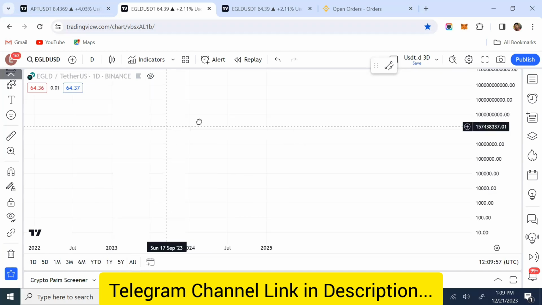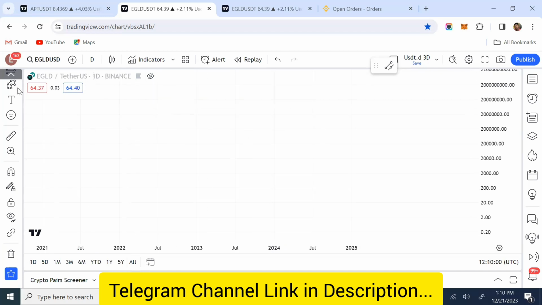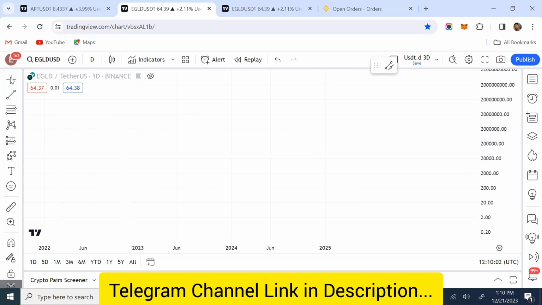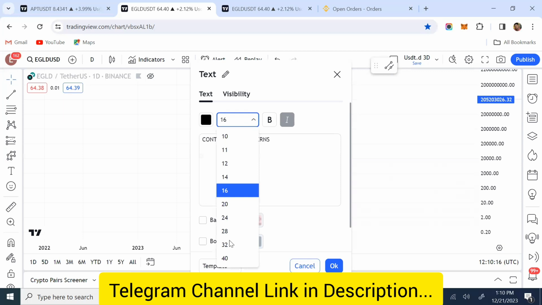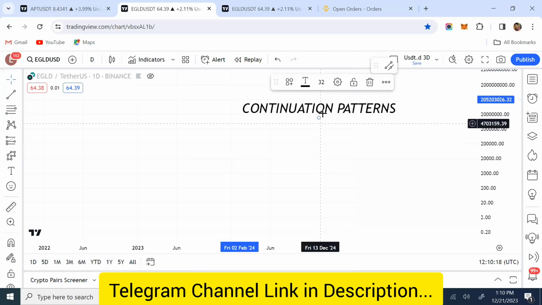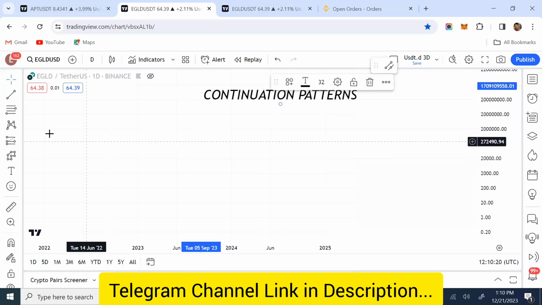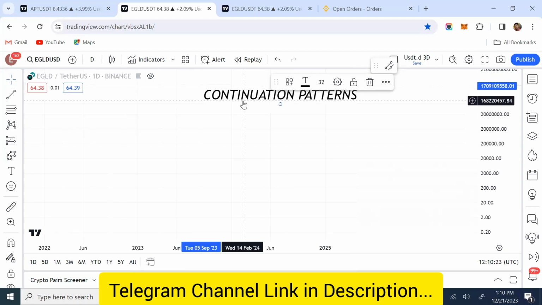We've understood what reversals are. Let's now try and figure out what continuation patterns look like. Continuation patterns are basically patterns that show that a trend is going to continue its direction.